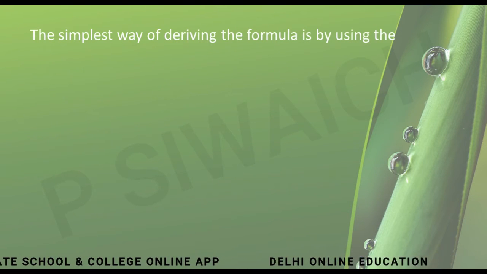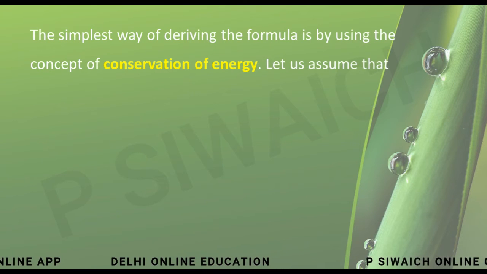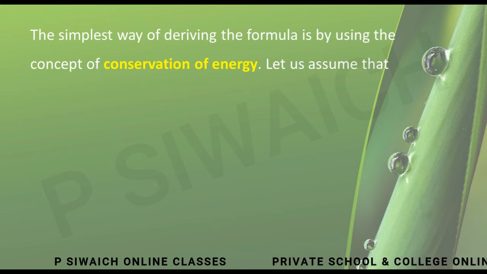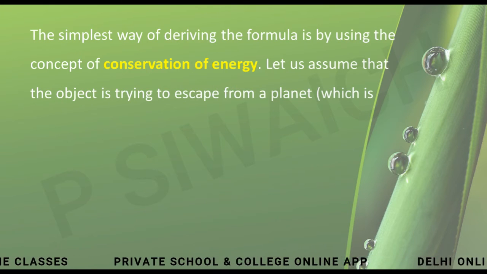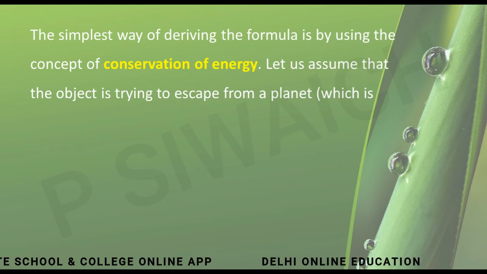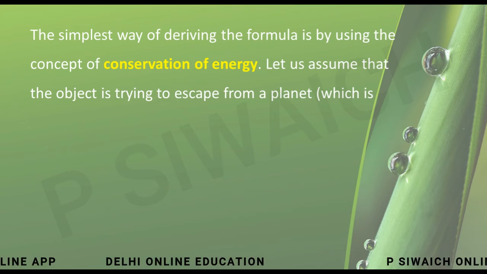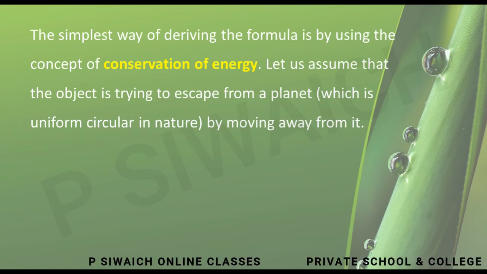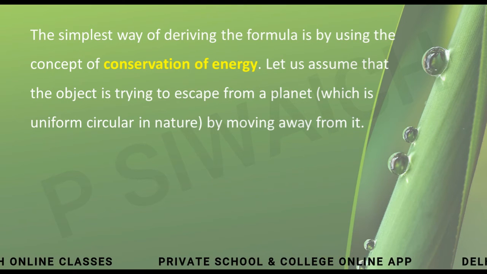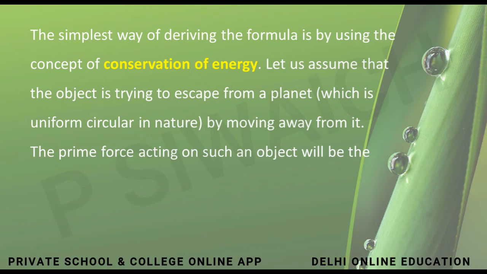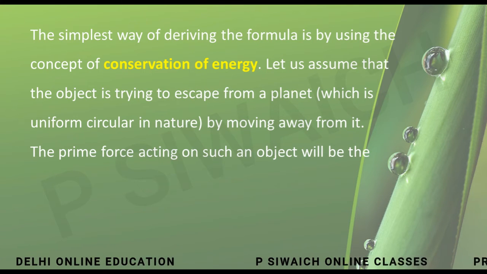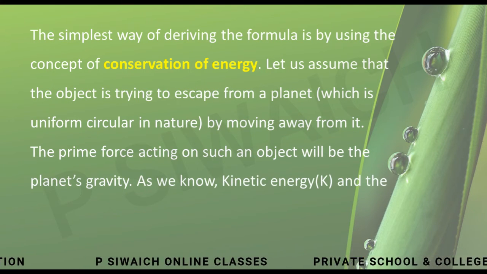The simplest way of deriving the formula is by using the concept of conservation of energy. Let us assume that the object is trying to escape from a planet which is uniform and circular in nature by moving away from it. The prime force acting on such an object will be the planet's gravity.